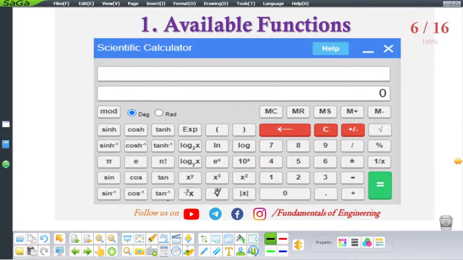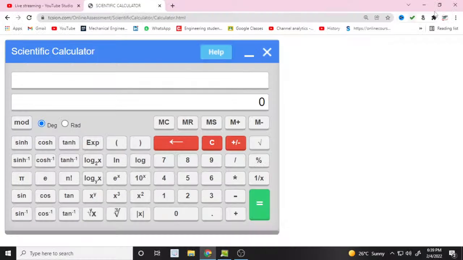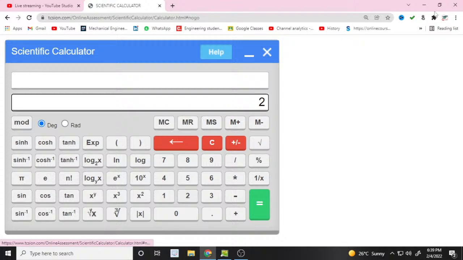If you use the square root directly, then you will get the wrong answer. So how is that? You can see here. If you want to calculate the square root of 2, first you use the number and then the function. So this is the square root of 2.